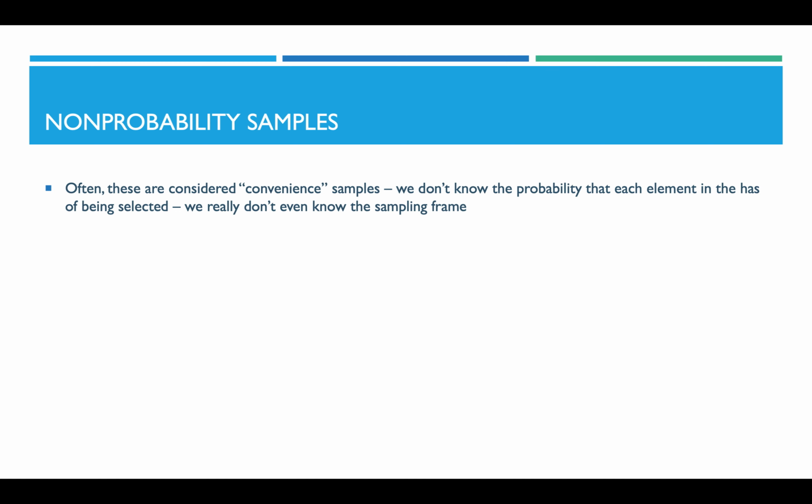In terms of statistical assumptions, they're a little problematic because we don't know the probability that each element in the population has of being selected into our sample, and oftentimes we don't even know what the sampling frame is or what it looks like. The classic example that you're going to look at in more detail in the next lesson is the opt-in online survey. We all know how common these are nowadays.